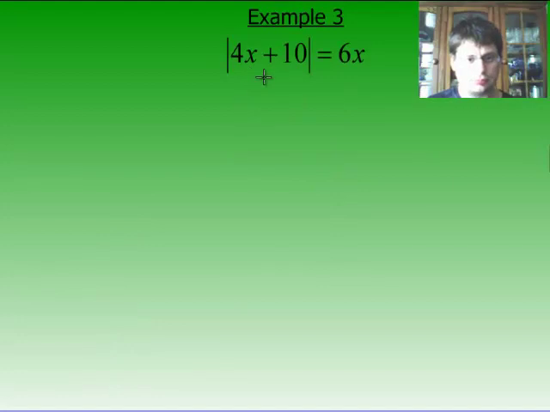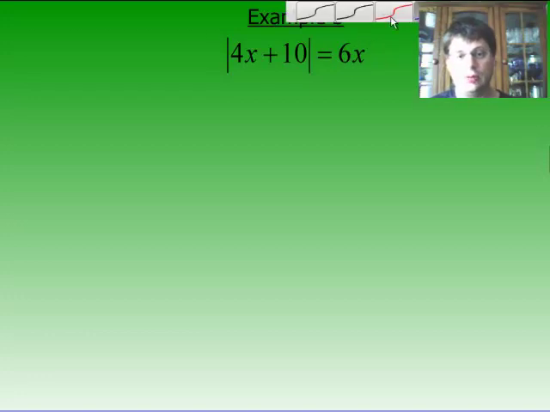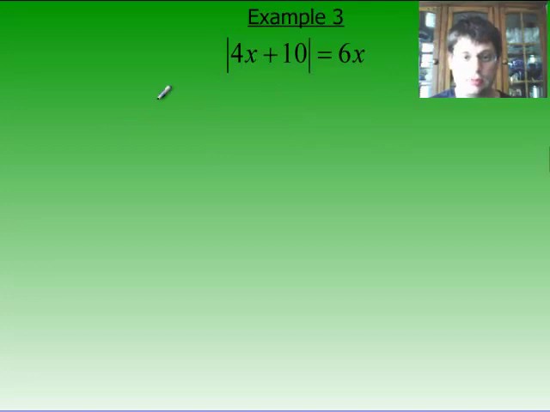Now, in this example, notice that we have a 4x on the left in the absolute value signs, but we also have an additional x term right here in the 6x. So solving this one, we're going to take the same approach, but there's something we have to be a little careful of.